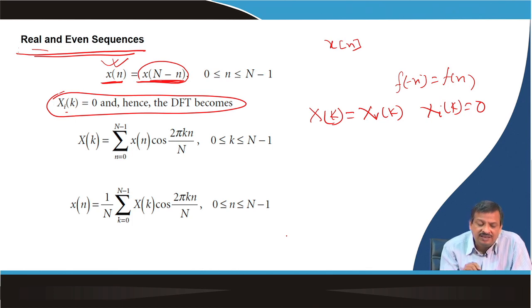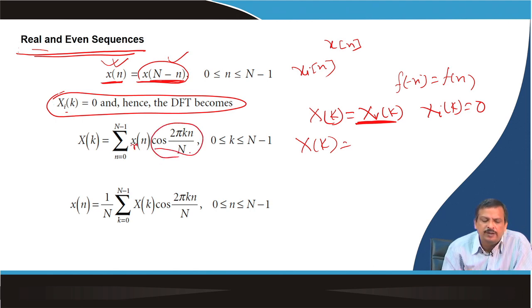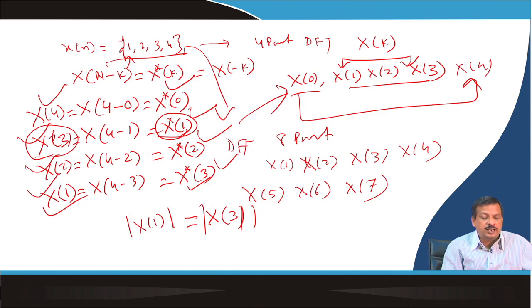Since it is real, x of in is also 0. So I can say X of k is nothing but X of rk, only the XR portion. So only it will be x of rn into cos 2 pi by N k into n. If you see the expression, I will show.